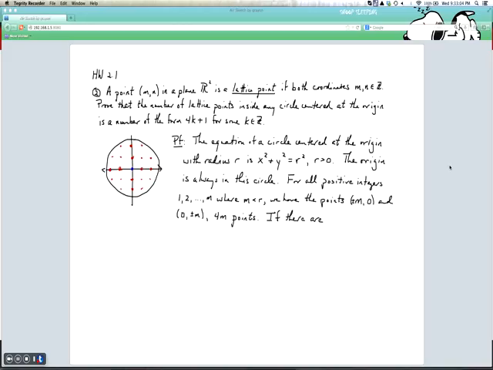I don't know how many there are, but however many points I have in the first quadrant, say Q points inside the circle in the first quadrant, of the form (a, b).